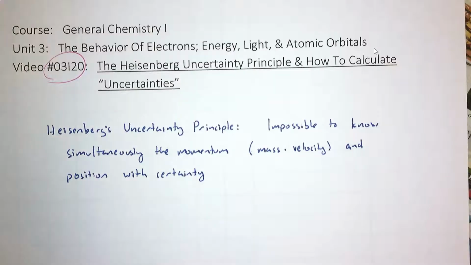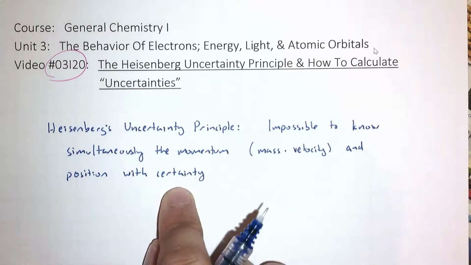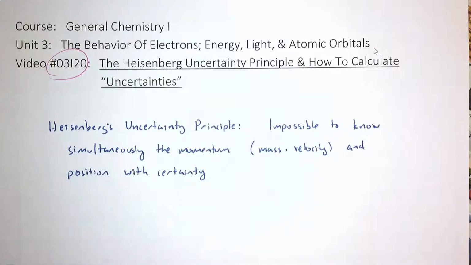As you know one with certainty, the other one decreases in certainty. And there's actually a mathematical equation for this.